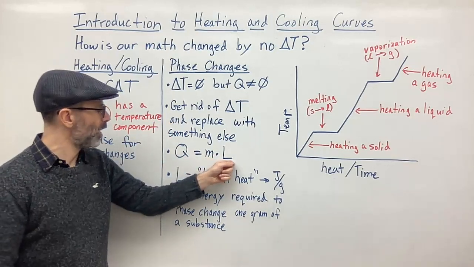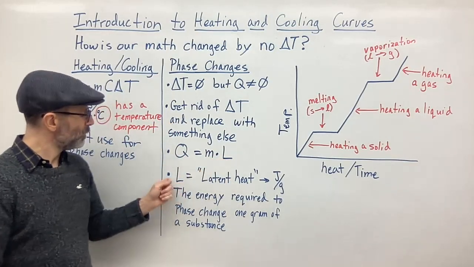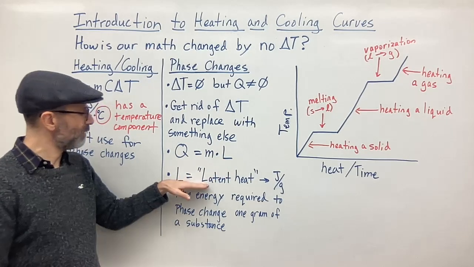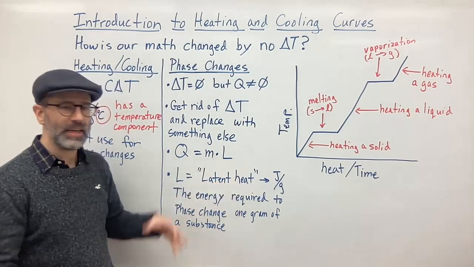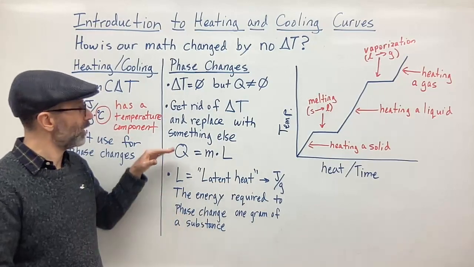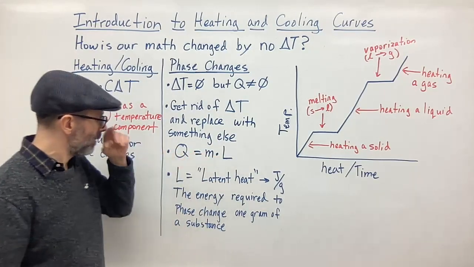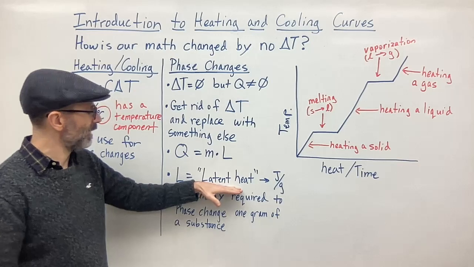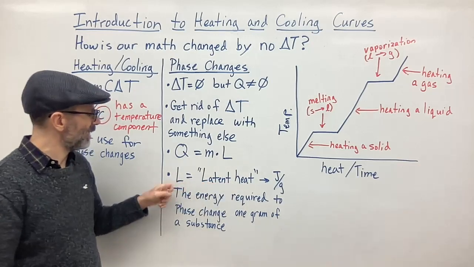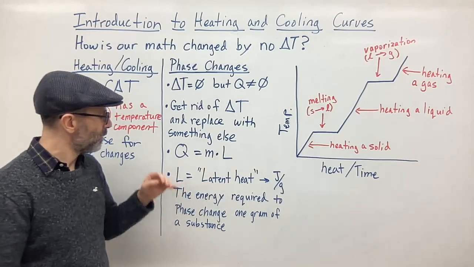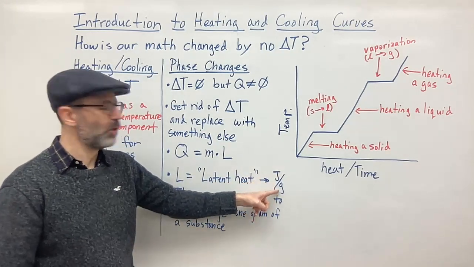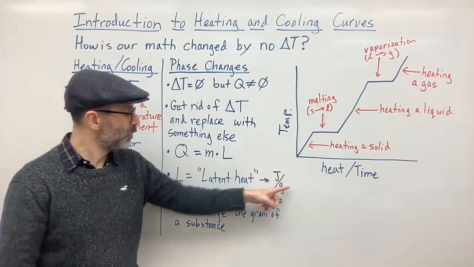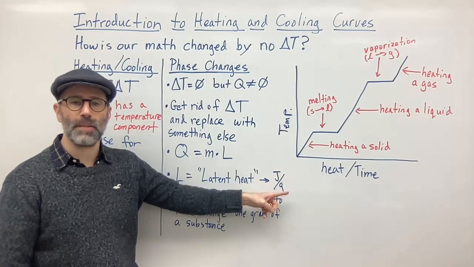This is where L comes in, which stands for latent heat. Latent heat is the heat in the substance that's used during phase changes, right? We'll talk a little bit about this later. So we call it latent heat, and we're going to use an L for latent heat. The units for latent heat are joules per gram. Notice that there's no degrees Celsius, there's no temperature component here.